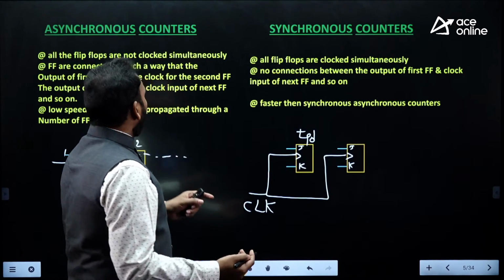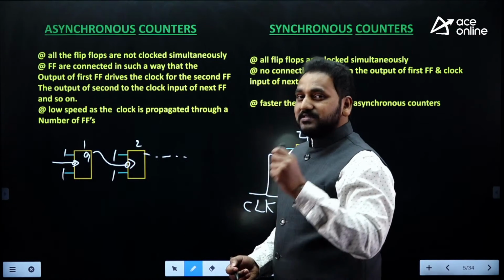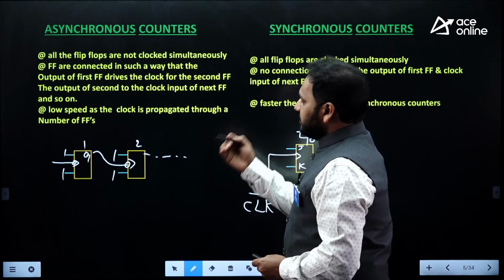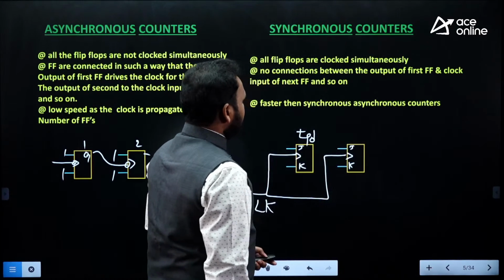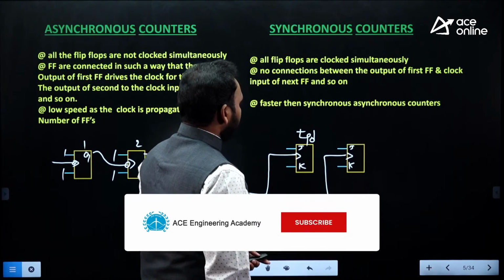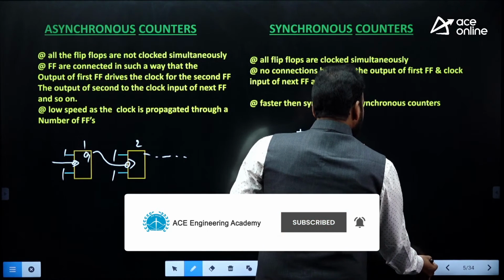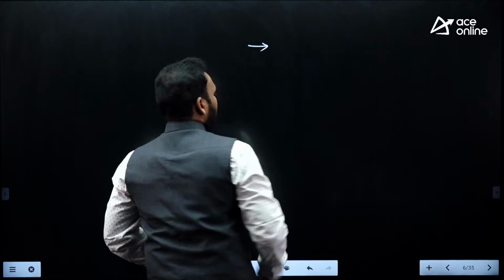As I told you, I am going to do some analysis and give you some important, simple, basic-level questions on the asynchronous counter. It may be an asynchronous counter or a synchronous counter. See, there are some standard steps to understand the entire topic.